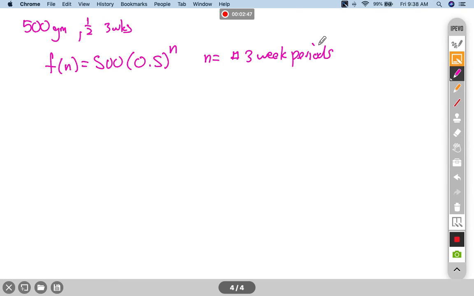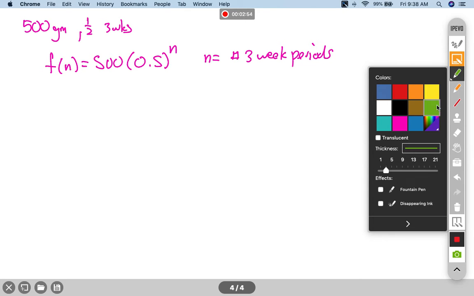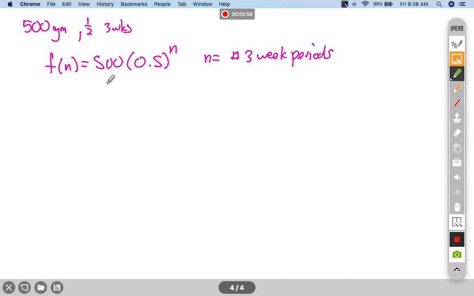But that's not really helpful for us because who talks about 3-week periods? So we're going to switch this over to, and in part A we asked for, we wanted some function in terms of weeks.